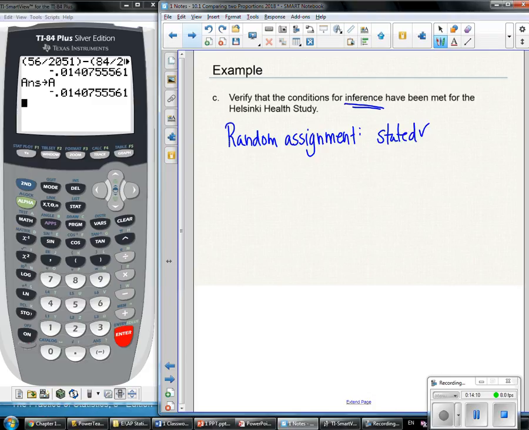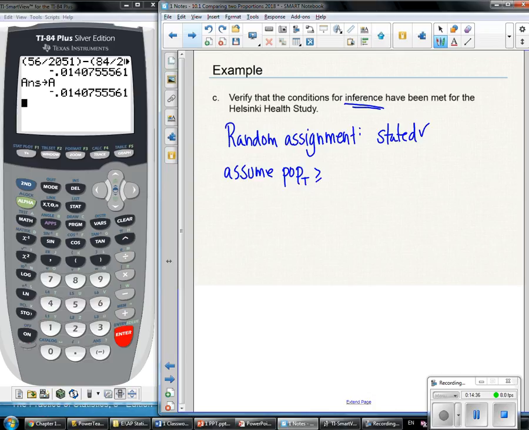I have to assume that the population in both groups would be greater than 10 times n. If I add it together, there are 4,081 men. Since I'm looking at just healthy men, we should actually do both of them. So let's talk about our population of our treatment group.